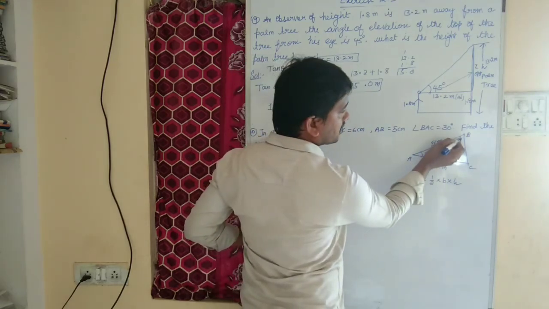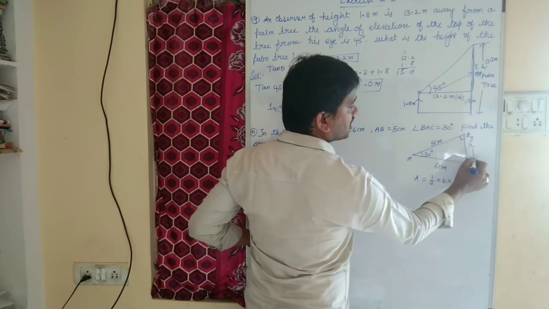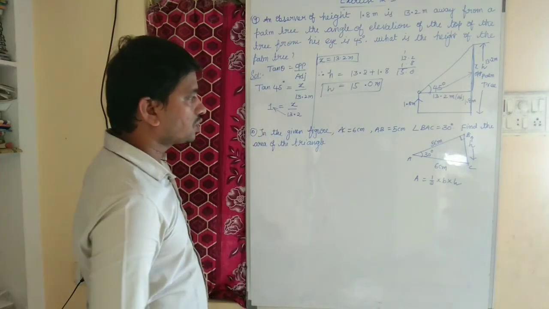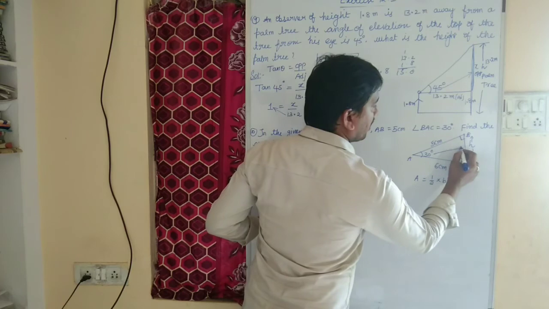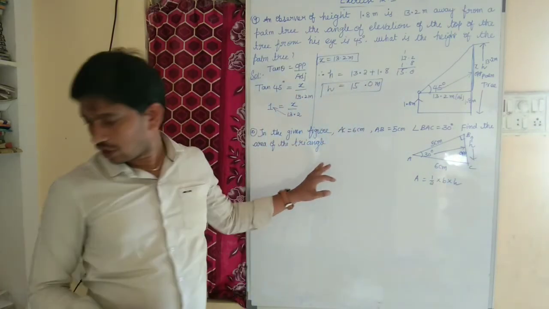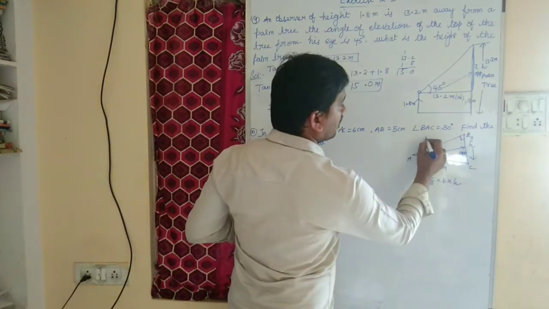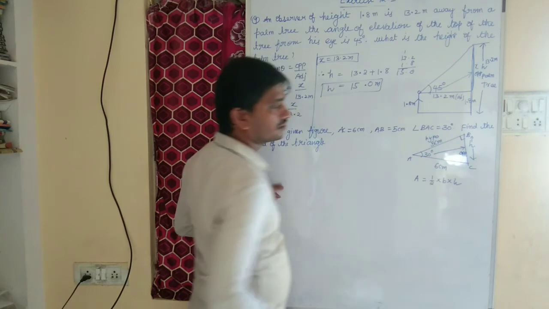Actually this will be the base and we have to find the height. So that is BC. The angle is at A. This will be our opposite side, and this will be our hypotenuse.